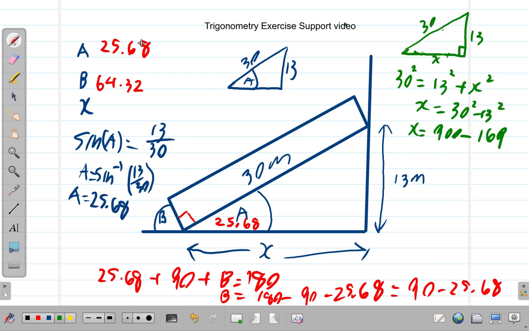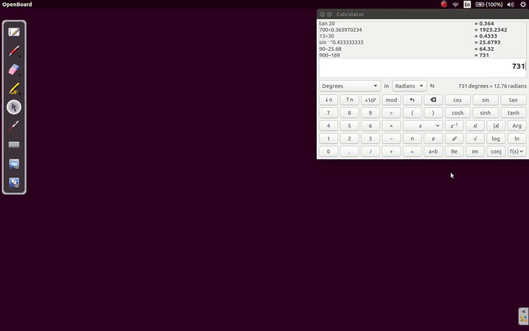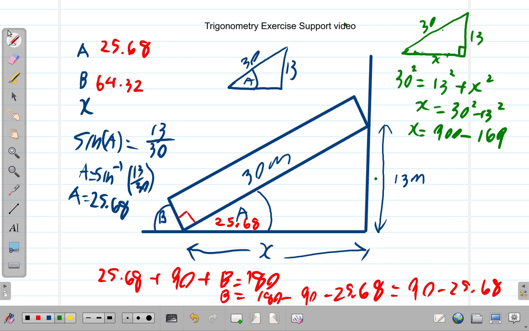So the horizontal distance from where it touches the ground to where it touches the wall is, what was it again? 731. No, what am I doing? Mistake. I missed out something here.